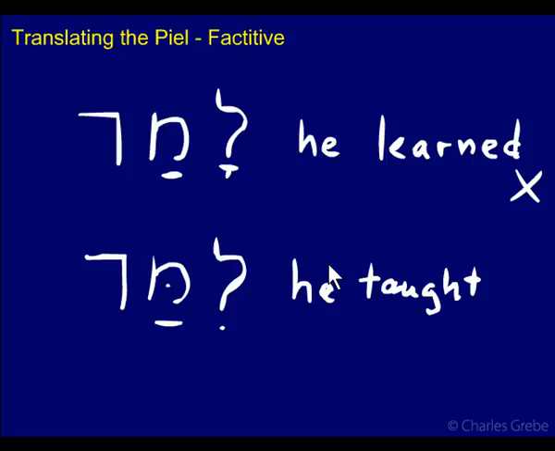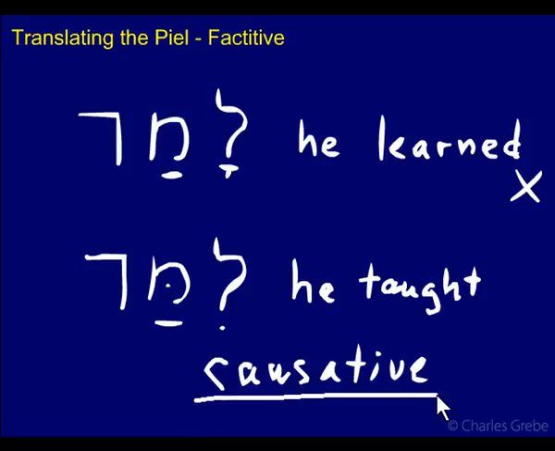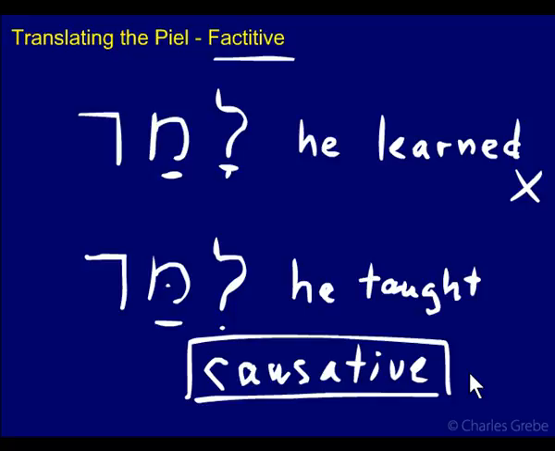Now I bring this up because this is really a causative. It's a little bit different than the factitive, but you have it in the Piel as well. And I bring this up because we're going to have a binyan in the future called the Hiphil, and that is marked by the causative. But Piel can also be causative, as we see here, lamad, lemad. And factitive and causative are quite close in sense. In both cases, you are causing something to happen.